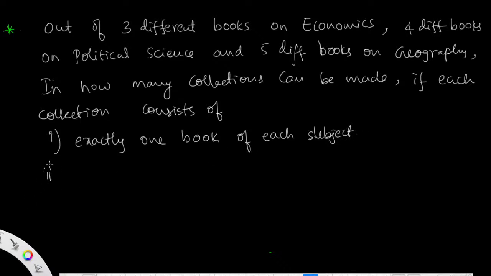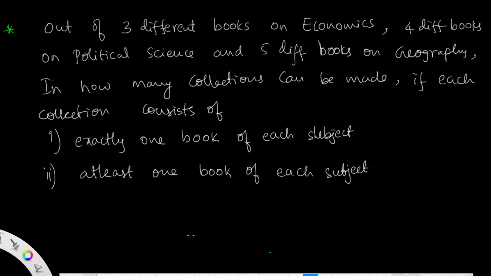Second, at least one book of each subject. This is the question. Out of three different books on economics, four different books on political science, and five different books on geography, in how many collections can be made if each collection consists of exactly one book of each subject? And the second question is at least one book of each subject.